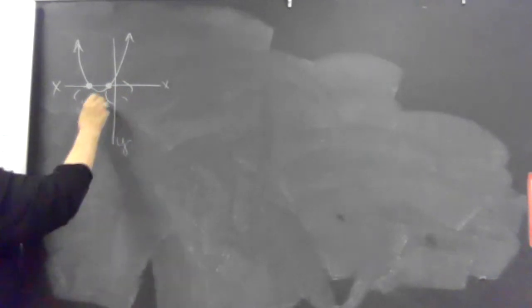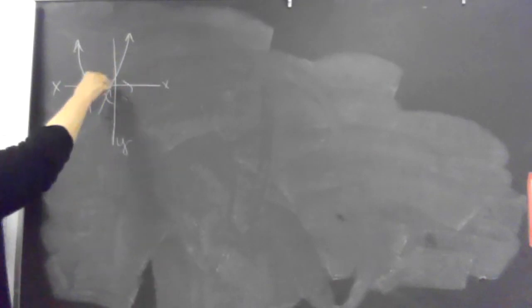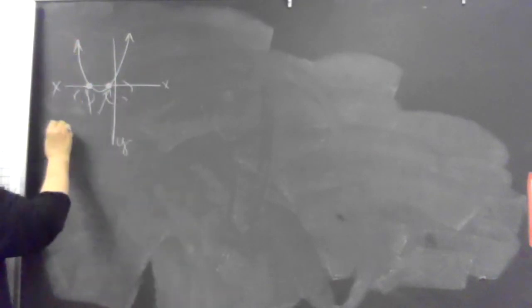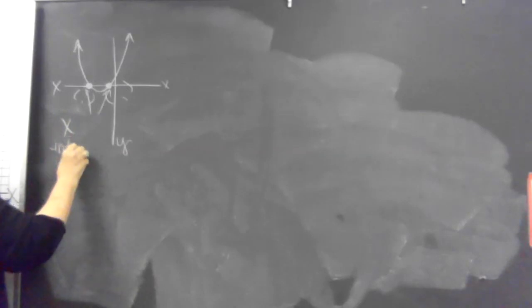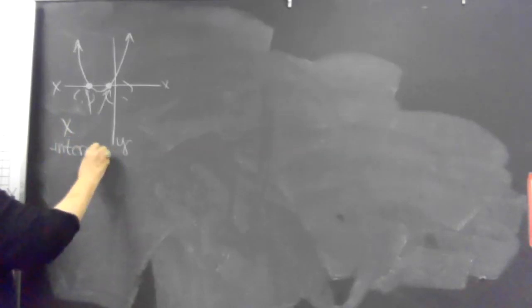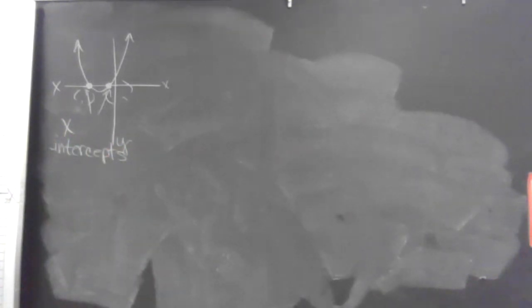Then, let me write these for you. Where the picture crosses the x-axis, these are called x-intercepts.